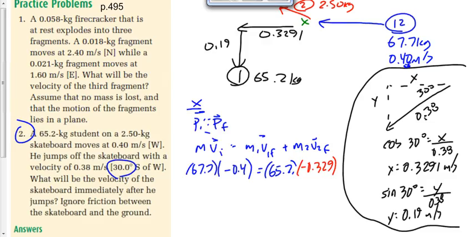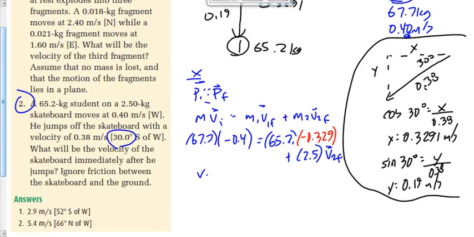Plus mass 2, which is 2.5, times V2F. V2F is equal to, what is it? Negative 2.25.